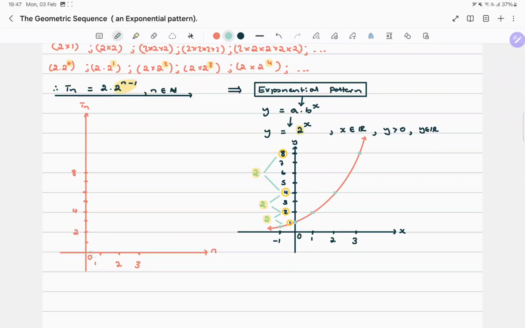We saw that we can't have term 0 there, because this whole thing becomes strange. But in any case, it's going to give us a 1, but we're not interested in going that far. So when we put 1, what do we get? 2. When we put a 2, what do we get? 4. When we put a 3, what do we get? 8. We can appreciate that we have a graph that is exponential, and it's going through those points.